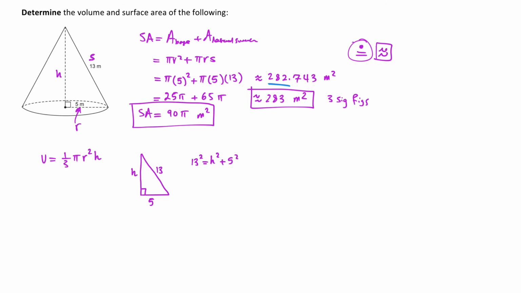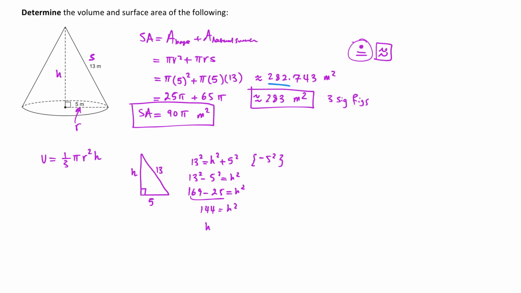And if I solve for h, I can subtract 5 squared from both sides, and I get 13 squared minus 5 squared is equal to h squared. 13 squared is 169. 5 squared is 25, and that is equal to h squared. So 169 minus 25 is 144, and that is equal to h squared.